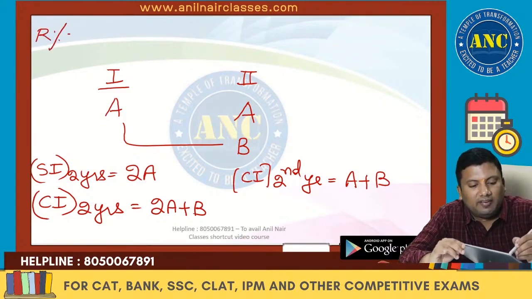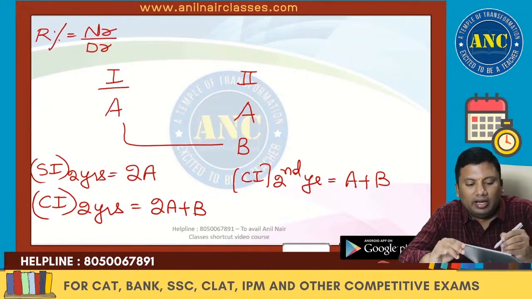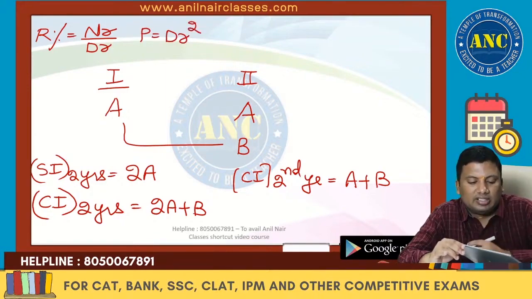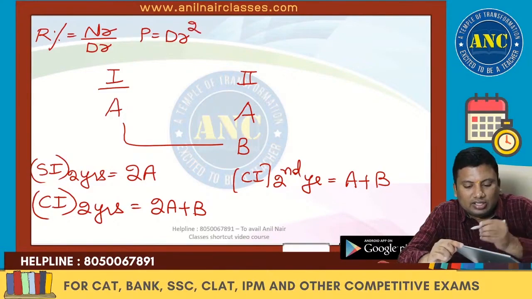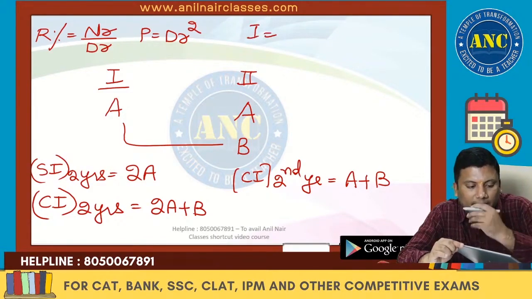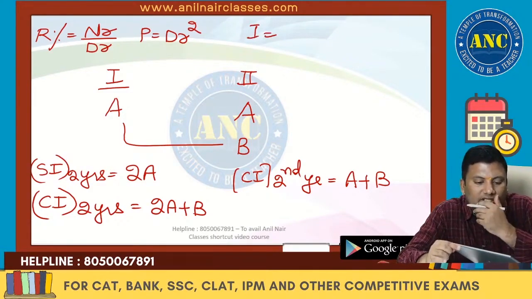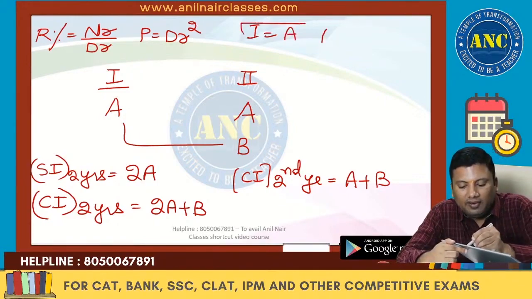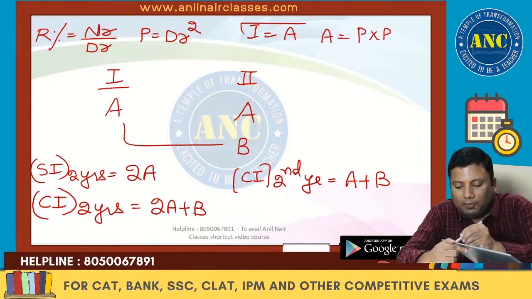What is this A value? R percentage is numerator by denominator. P is nothing but the denominator, because for 2 years it is 2 square. So A value is nothing but P into R percentage.